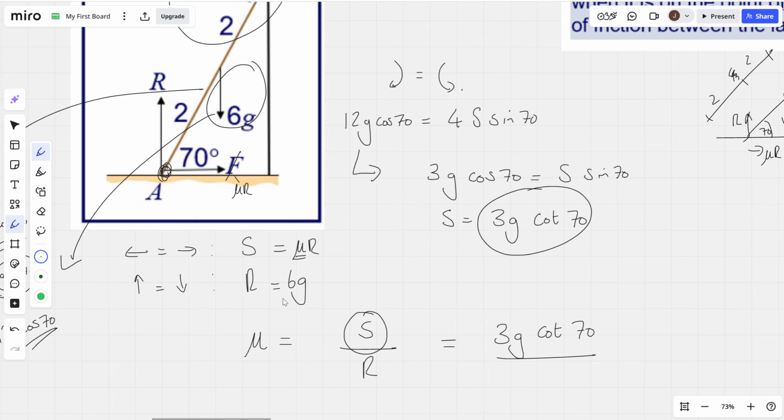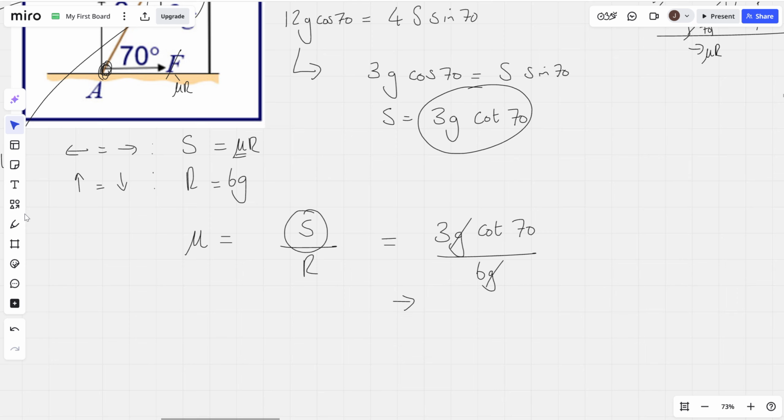You can even cancel those as well. If you want to make it a little bit nicer, you get 1/2 cot 70, which ends up being, so mu ends up being 0.182 is the number I've got written down here.